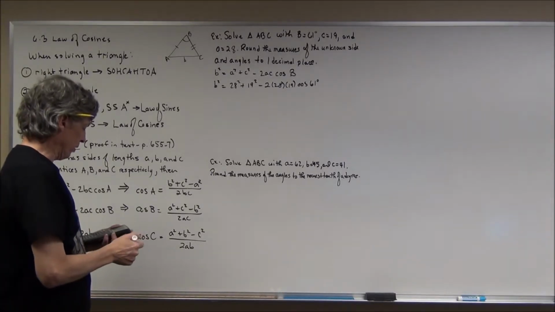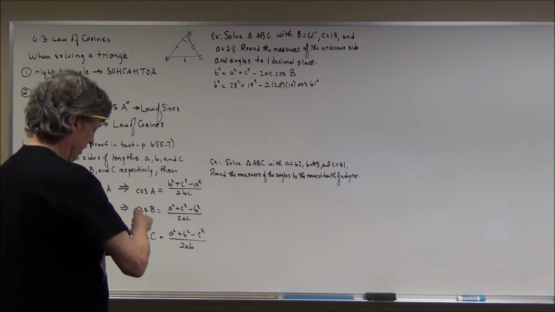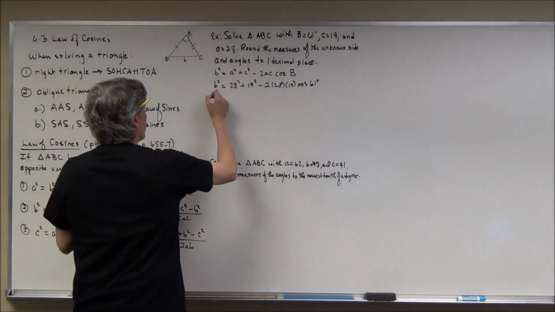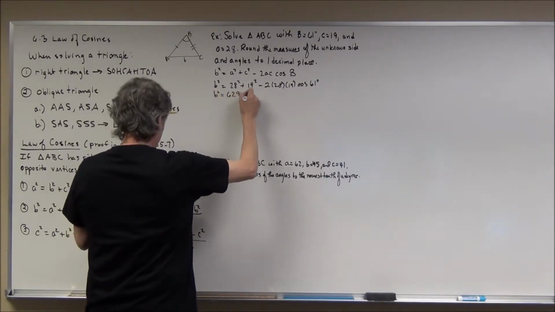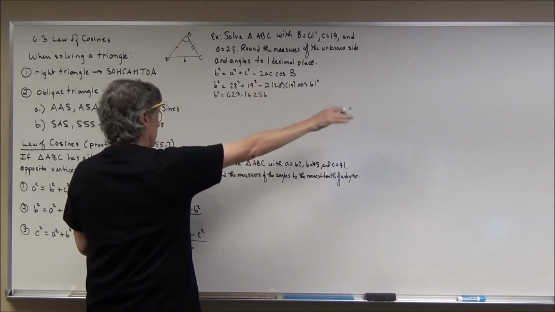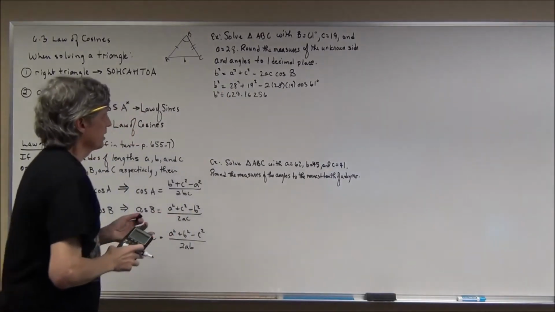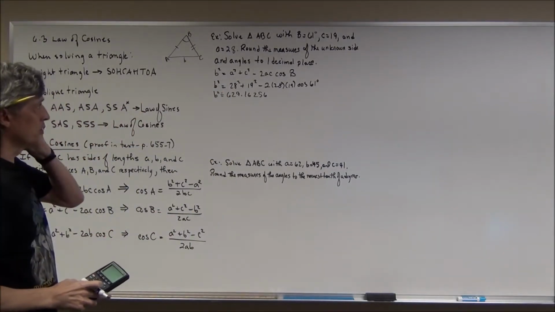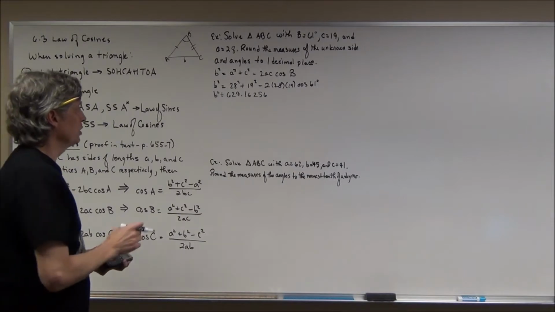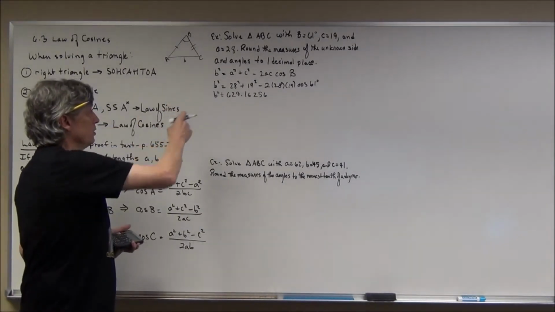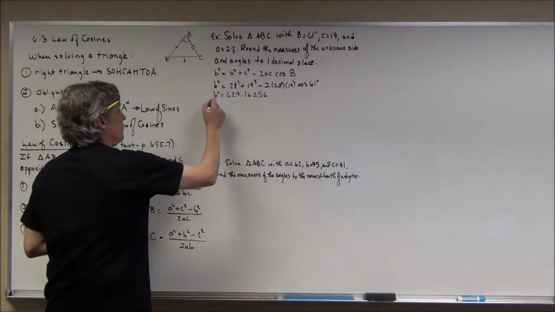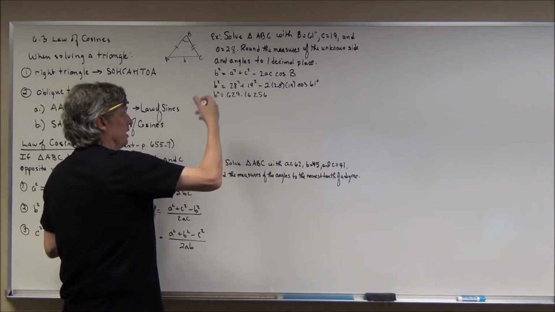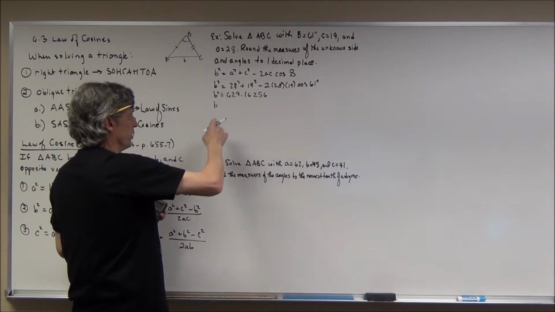So in this case I get B squared to be equal to 629.16256, and it keeps on going. I took it out that many places so that when I use my measure here for B, I do not lose accuracy by intermediate rounding.